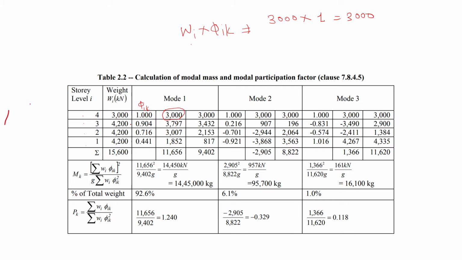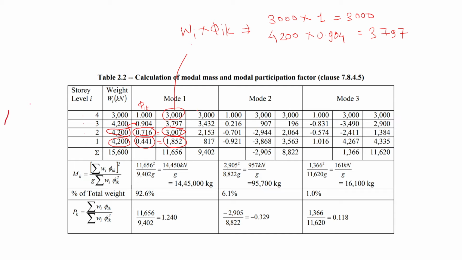Similarly, 4200 multiplied by 0.904 will give you 3797. Similarly, 4200 multiplied by 0.716, you will get 3007. And 4200 multiplied by 0.441, you will get 1852. This is how this column is obtained: weight multiplied by mode shape coefficient.